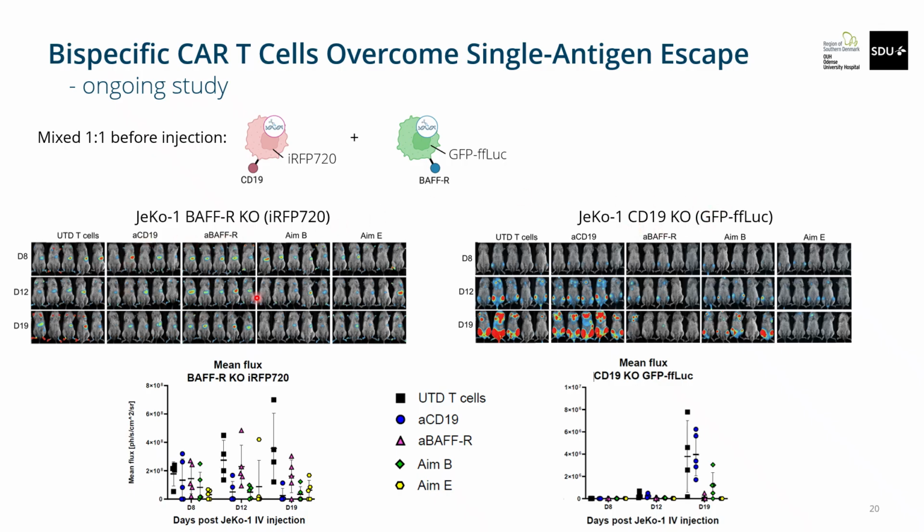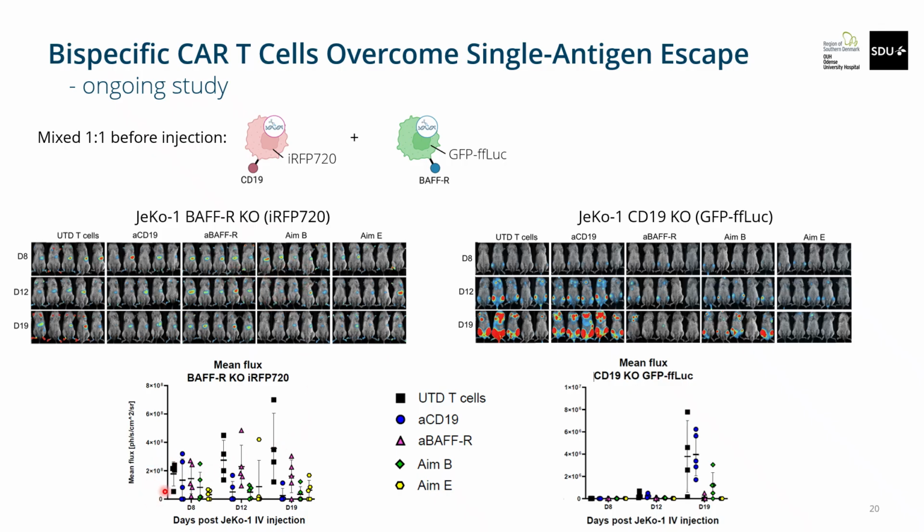So it's evident just from these images here that BAFF-R is probably a very important parameter for the Jeko cell, for the B cell survival in these mice, because they do not grow very well compared to the CD19 knockout Jeko cells over here. And so therefore the results over here are a little bit more difficult to interpret.